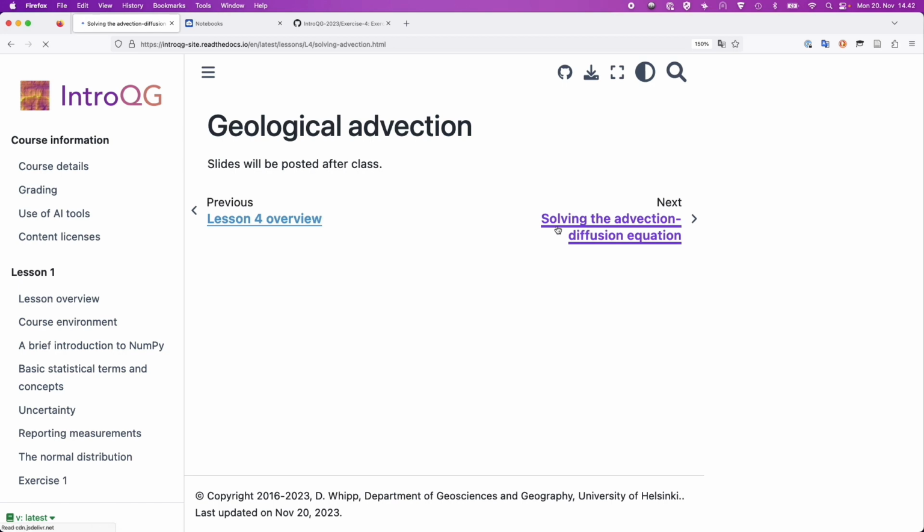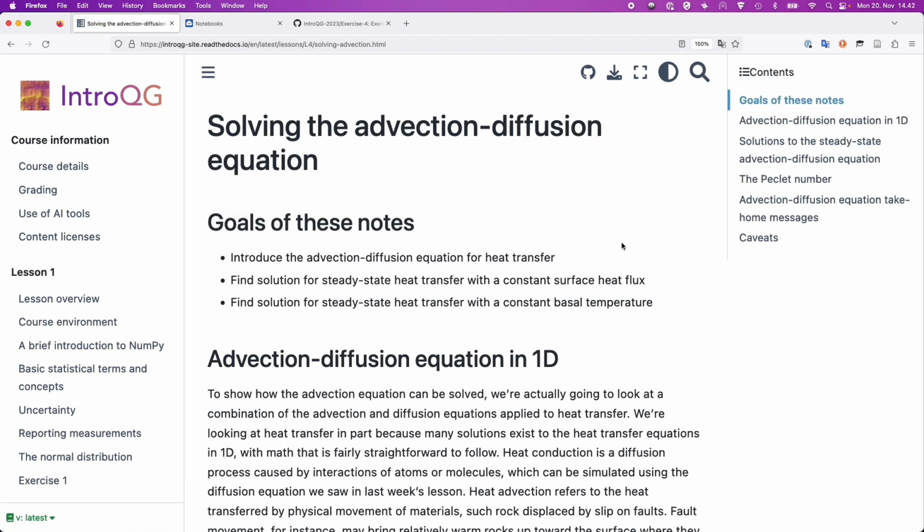The next thing in today's material is about solving the advection-diffusion equation. And I think for this week and also for next week, if I'm not mistaken, I have examples of how to solve these equations. Not really because you need to do that in order to do the exercise or anything, but more just to show you some of the steps that are involved.